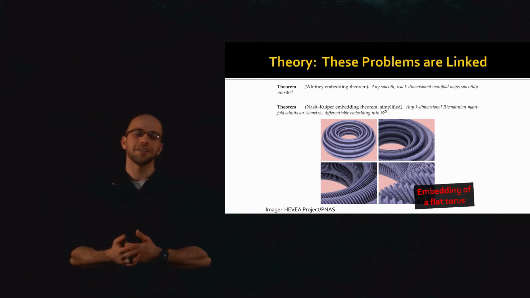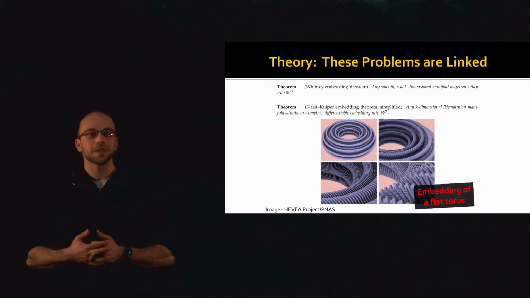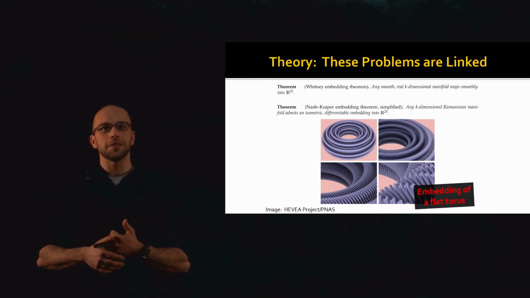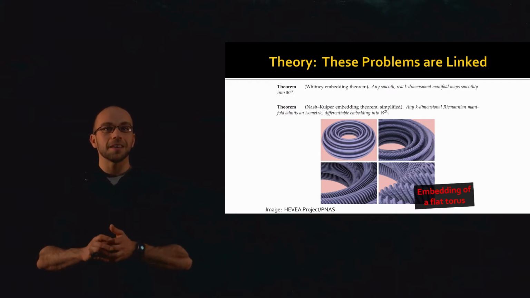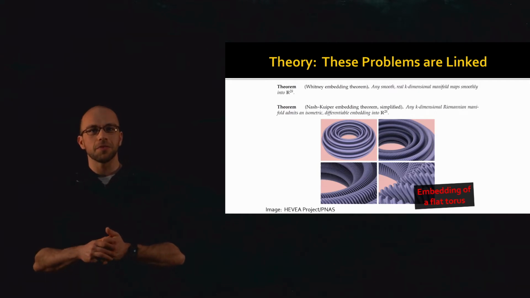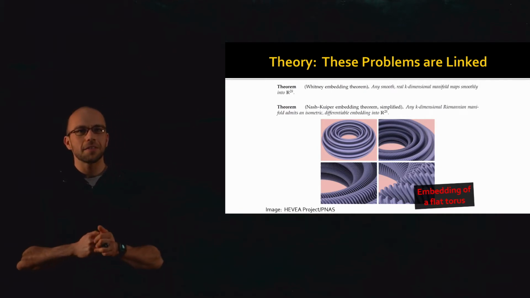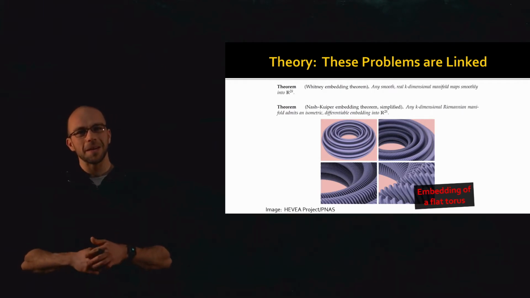The basic point here is that if we have any Riemannian manifold structure, which is basically a weaker structure than the embedded submanifold structure that we developed a few lectures ago, and it is intrinsically k-dimensional, then we can actually map it smoothly into R to the 2k. And in fact, the really amazing result from Nash and some follow-up work that simplified it even asserts that a k-dimensional manifold can be embedded into 2k-dimensional space in an isometric fashion, which is pretty amazing.